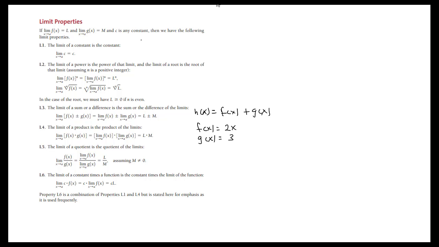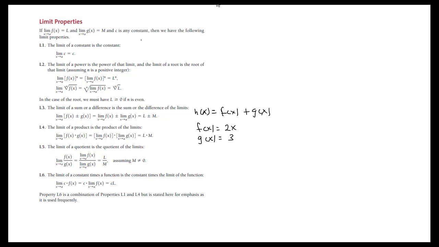The limit of a sum or a difference is the sum or a difference of the limits. Then the limit when x approaches a of f of x plus or minus g of x is equal to the limit when x approaches a of f of x, plus or minus the limit when x approaches a of g of x.